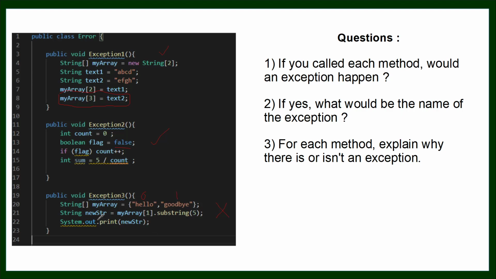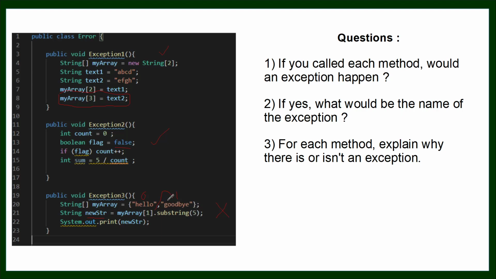And so it's saying, we're going to create a new string variable, and we're going to make a new string, a substring from this string, because remember, my array 0 would be hello, my array 1 is goodbye. And then let's have a look. So the substring will start on character 5.